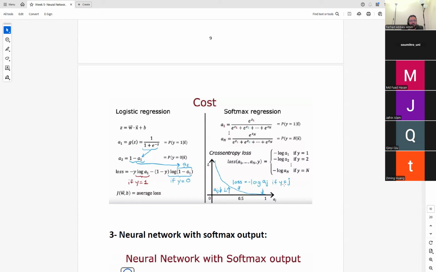For example, if y is equal to j, then the loss function is minus log of a subscript j. If you see the minus log from mathematics, the minus log against a subscript j is this curve, right?